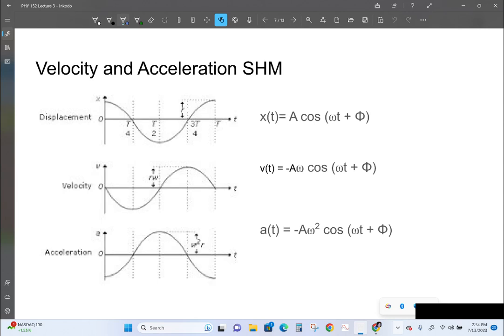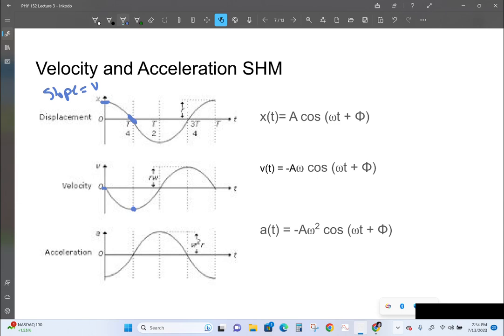All right, now let's talk about what the velocity function would look like and what the acceleration function would look like. So remember that on an x-t graph, slope is velocity. So if I take the slope at time equals 0, it's 0. And the maximum negative slope occurs here.